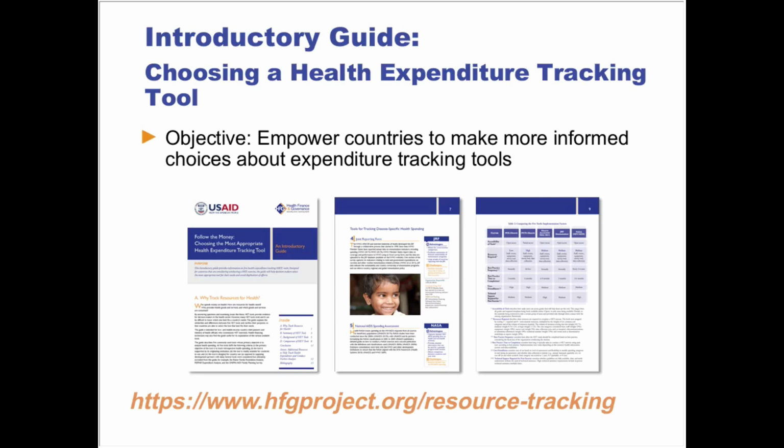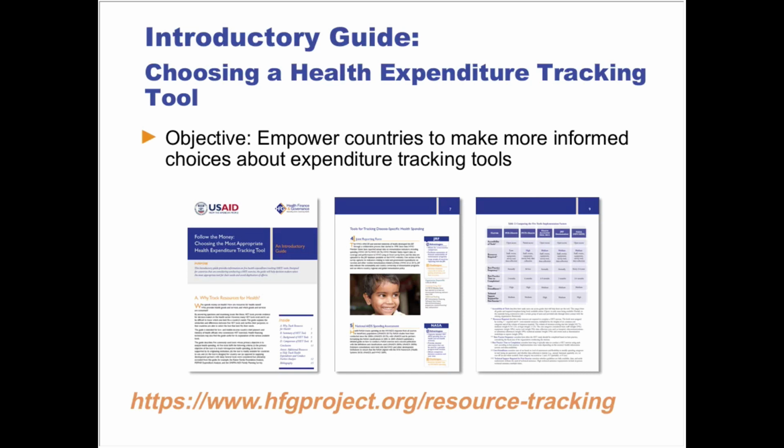So HFG, through its technical assistance, observed that countries didn't always have enough information to make an informed choice about which expenditure tracking tool to use. Sometimes a tool was used by default because that's what had been used in the past, or sometimes the source of financing might have determined which tool to use.